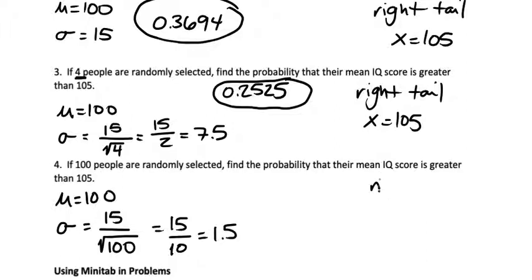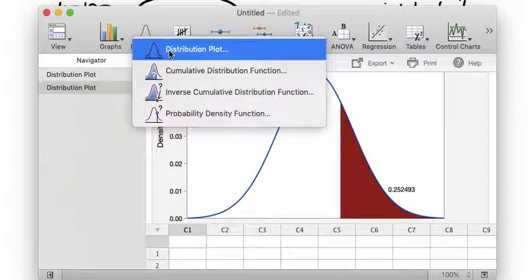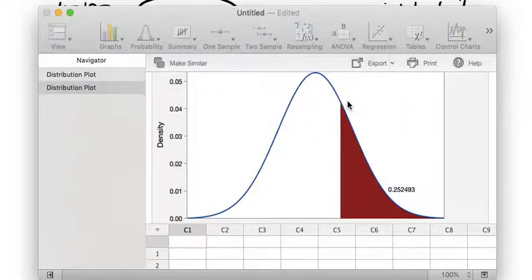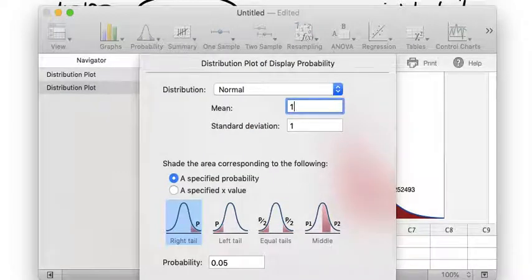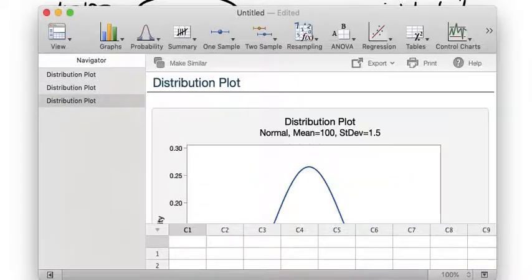I'm still doing right tail, and I'm still doing x equals 105 because I want to know the probability that the mean IQ score is greater than 105. So mean is 100, standard deviation 1.5, right tail and x value of 105.